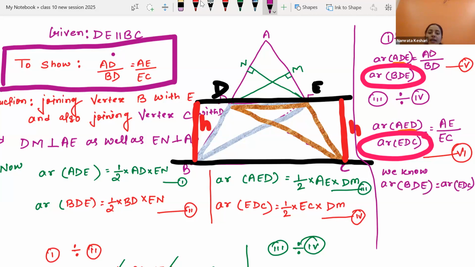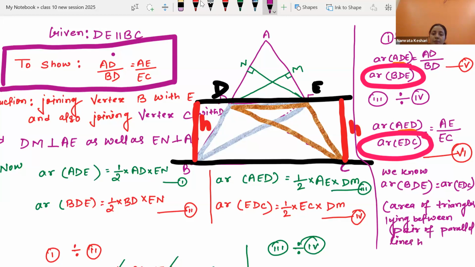In bracket I will write: area of triangles lying between a pair of parallel lines having same base is always same.